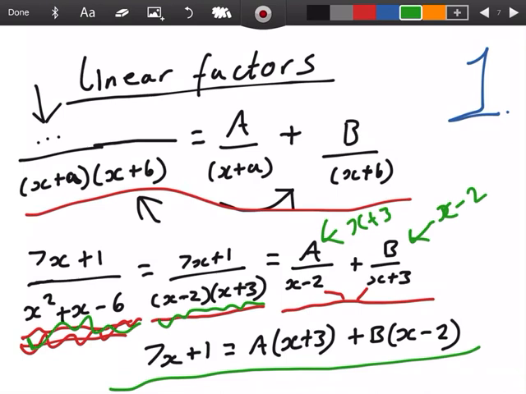Now, 7x plus 1 equals A(x plus 3) plus B(x minus 2). It's actually very easy to solve here. All we need to do is use knockout values. So we'll use x equals negative 3 here. So negative 3 plus 3 equals 0. A times 0 equals 0.